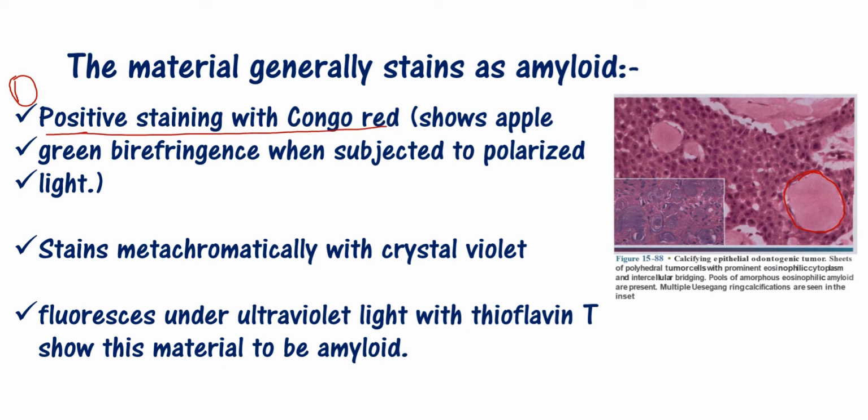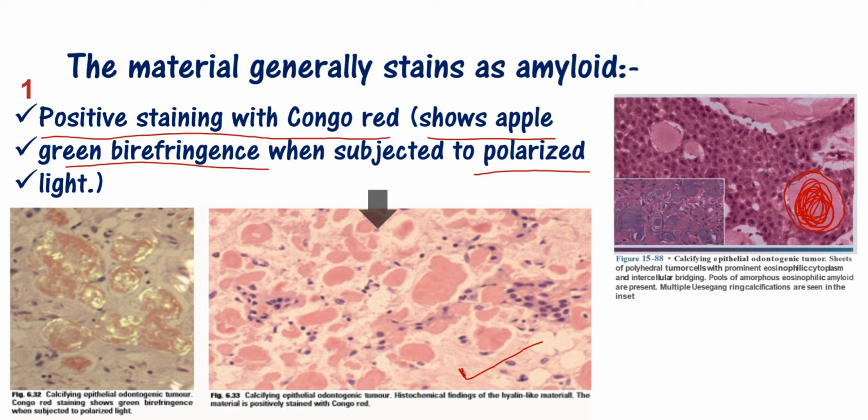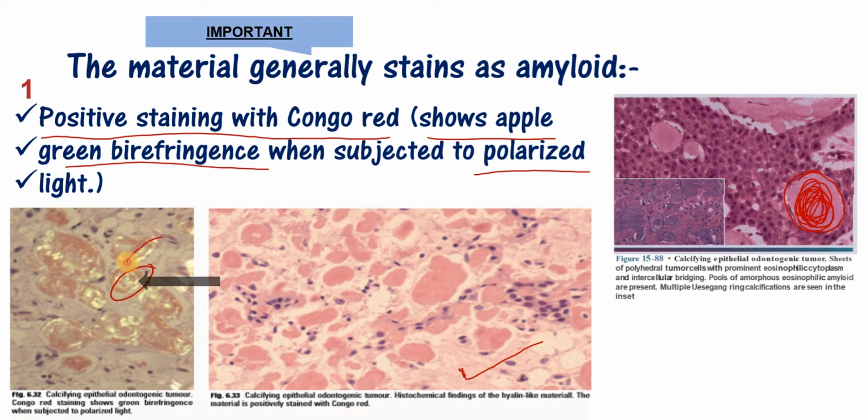And when this Congo red stain slide is subjected to polarized light, it appears apple green birefringence. So this is a slide which shows Congo red positivity, and when this slide is seen under polarized light, it shows apple green colored birefringence. This is the first thing.